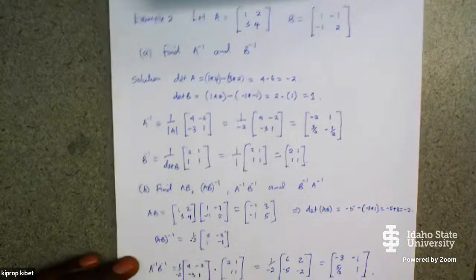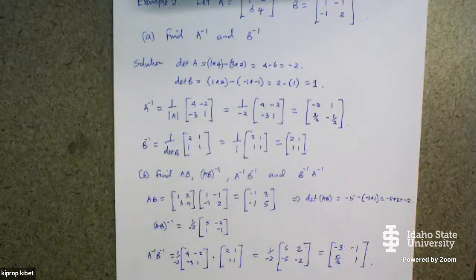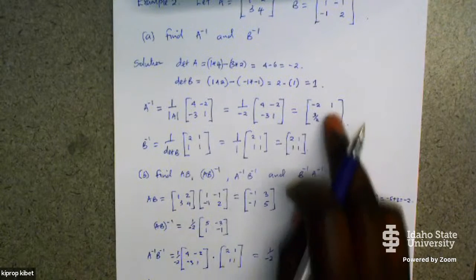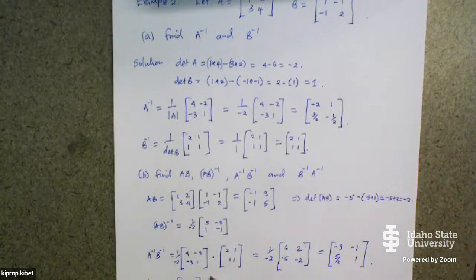Okay. What about now the next one here? B inverse and then A inverse. Get the inverse of that. So check B inverse and then A inverse here. So you can write 2, 1, 1, 1 multiplied by, we can take this minus 2, 1, 3 over 2, minus 1 over 2 there.